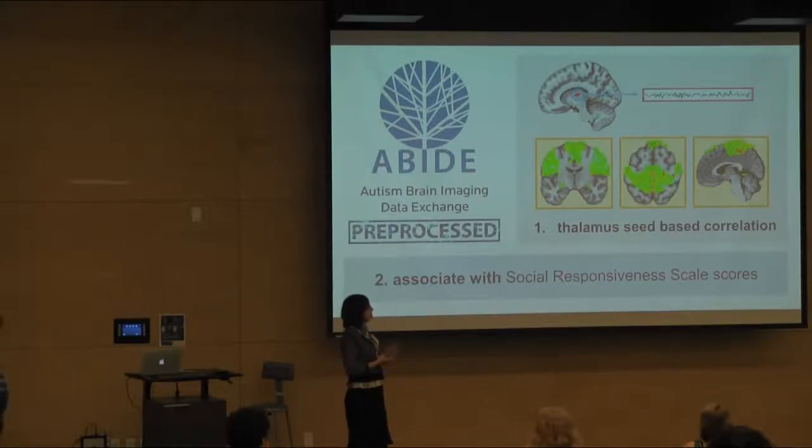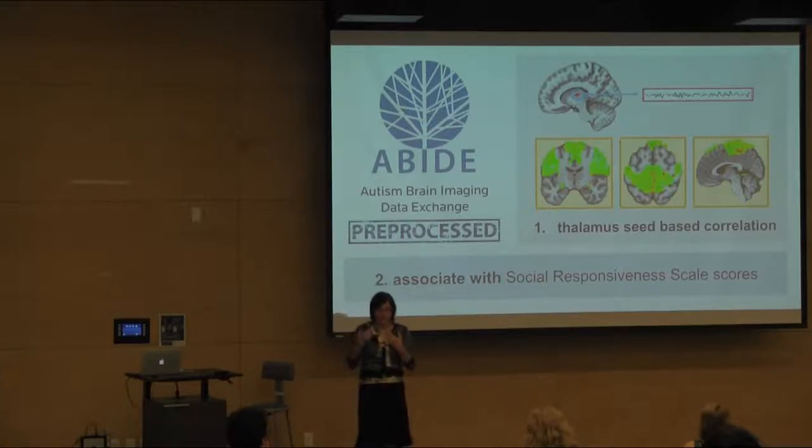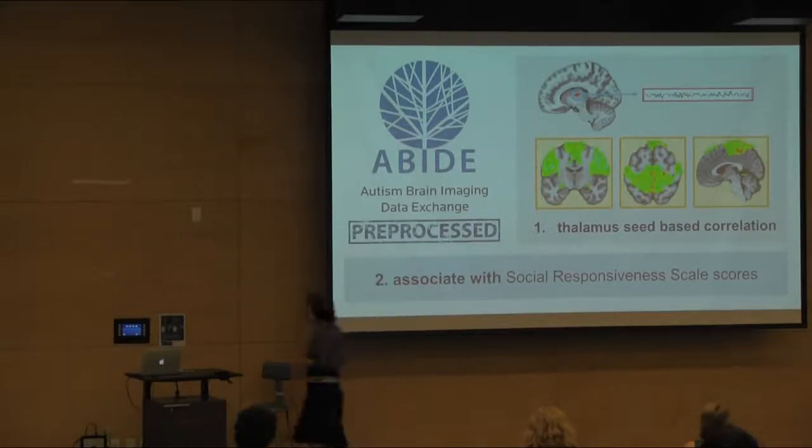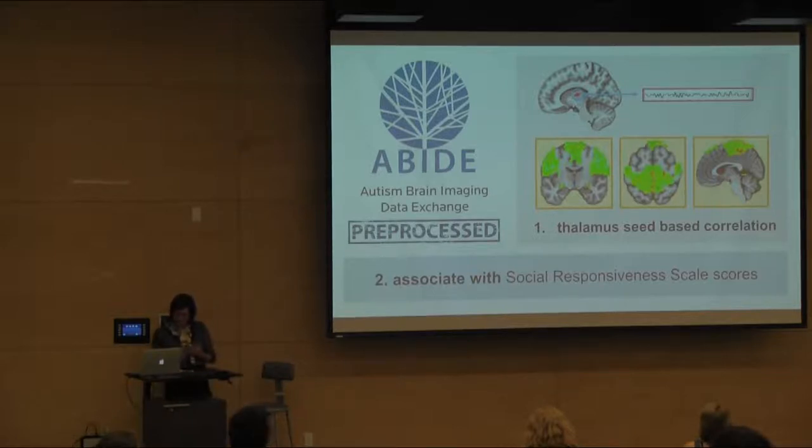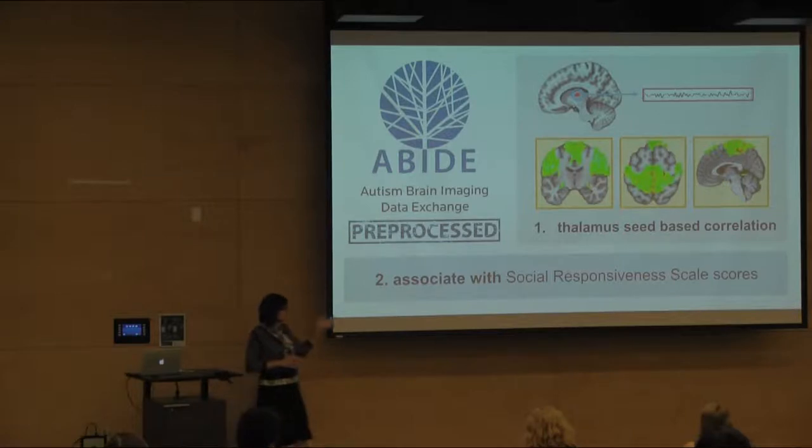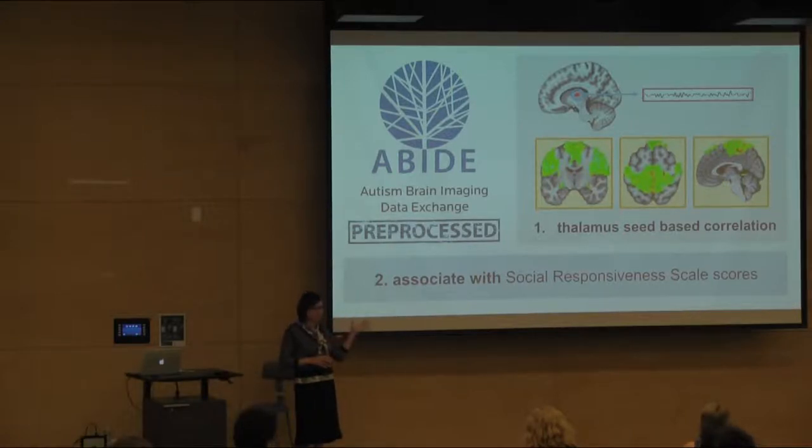And in autism, there are some differences in the thalamic connectivity with different regions of the brain. So based on previous studies, that was the region of interest that we're looking at. And so we want to associate that connectivity map with this continuous measure of autistic social impairment, social responsiveness.